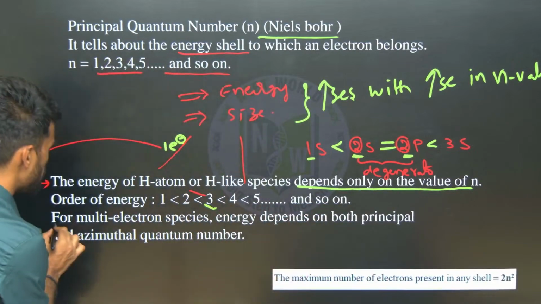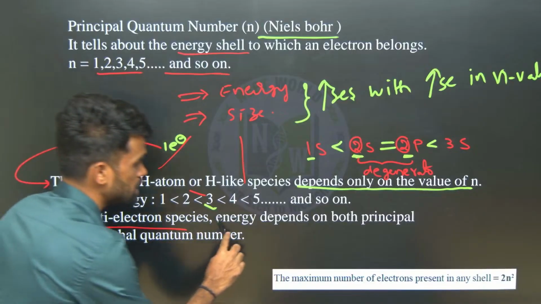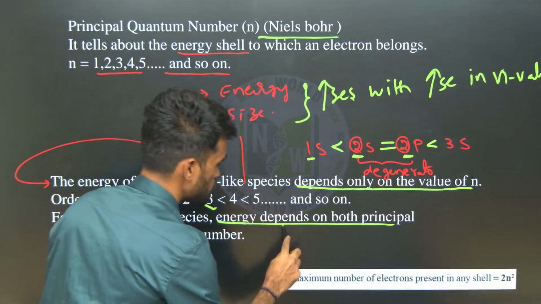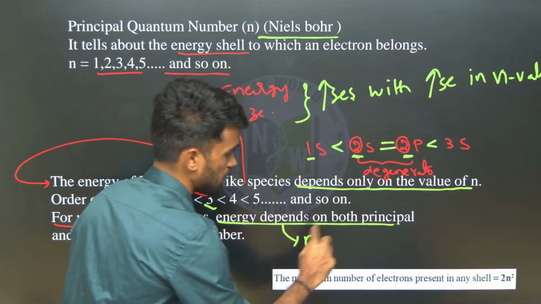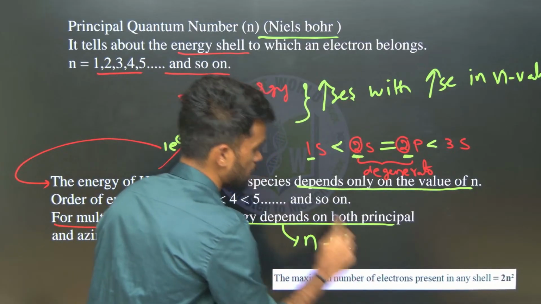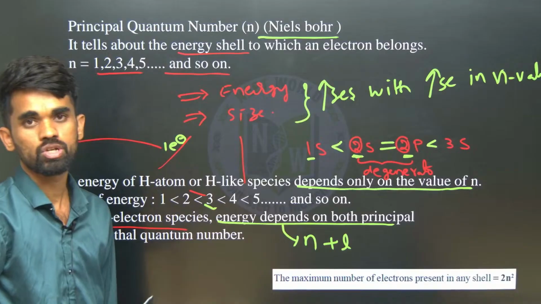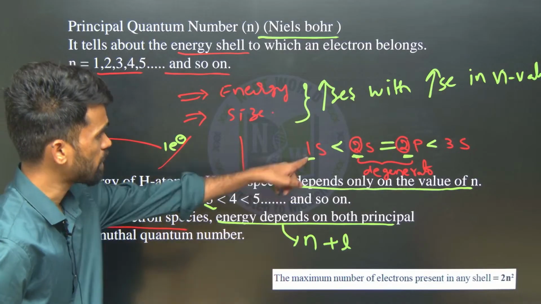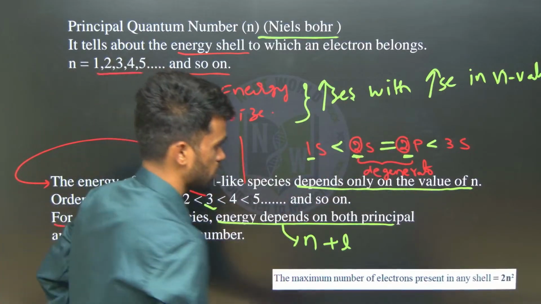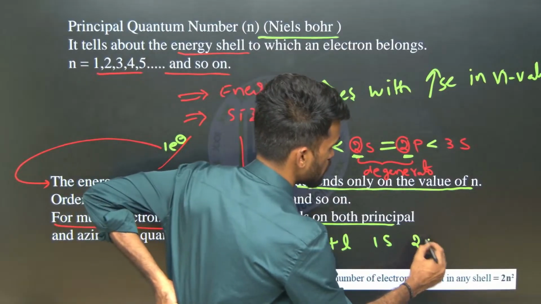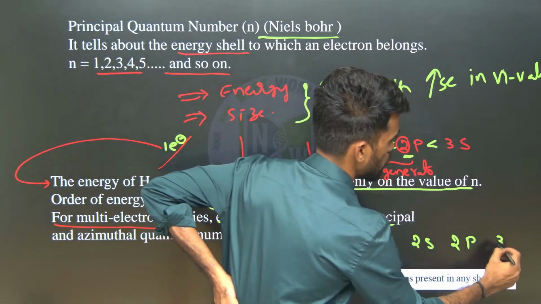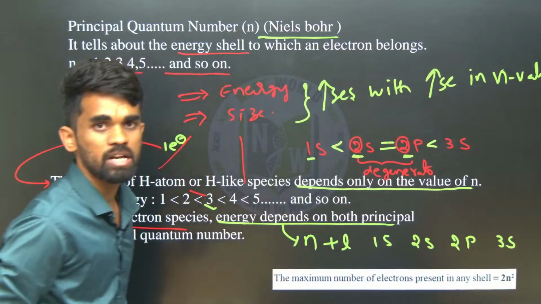Okay, now for multi-electron system, energy depends upon two things. One is principal quantum number n, and another one is azimuthal quantum number L. So n plus L value you should consider for multi-electron system. If I consider these orbitals for multi-electron system, like 1s, 2s, 2p, 3s, now tell me, if I ask you what is the order of their energies.